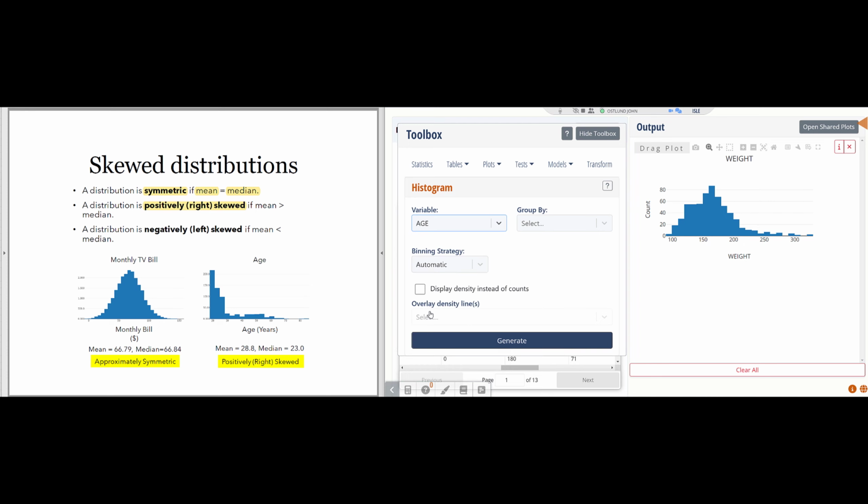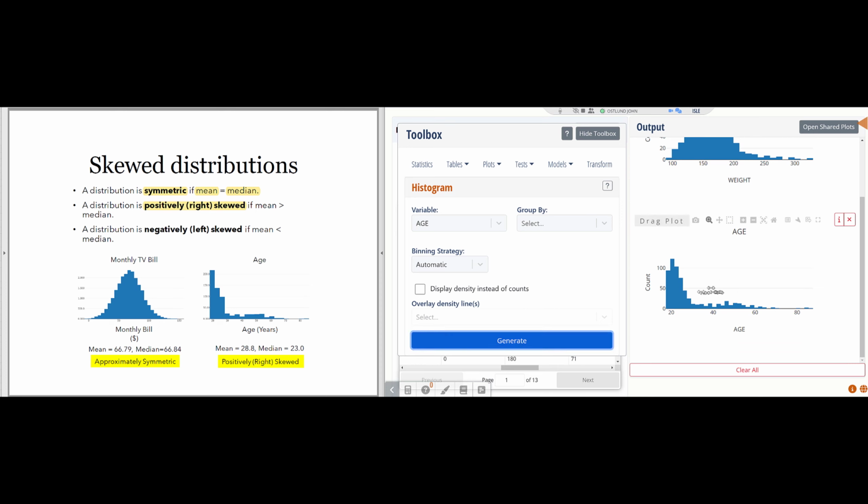I'm going to plot the age instead. Okay, so here we have the ages of people at the Subway shop on Craig Street.